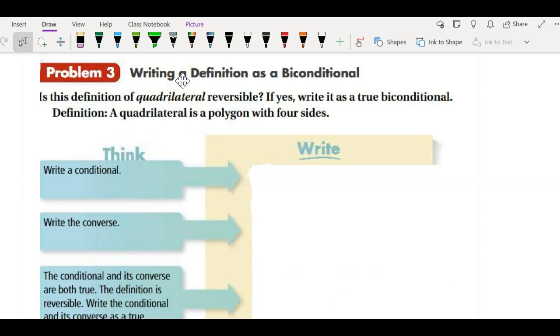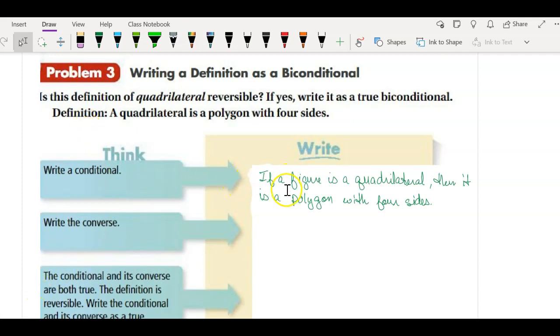So now we're going to write a definition as a biconditional statement. The definition is a quadrilateral. A quadrilateral is a polygon with 4 sides. How can I write that as a conditional statement? I can say if a figure is a quadrilateral, then it is a polygon with 4 sides.